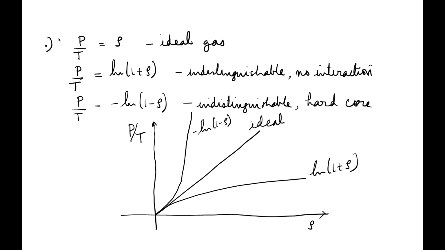For large rho, it is log rho, which is much smaller than rho. It goes like that. This last equation, when rho goes to 1, blows up. Pressure goes to infinity because I cannot put more than 1 particle per site. So they all have the same slope here and it blows up at this point.